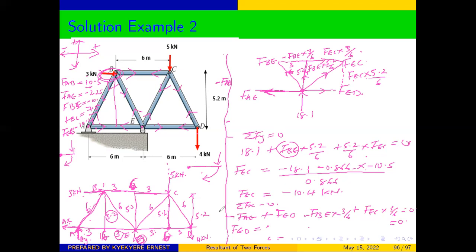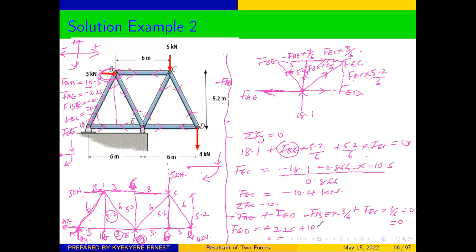FEC is already negative, and this is negative also. Therefore, we are going to get negative 2.25. And then we have calculated FBE, which is 10.5. When it crosses the equal sign, the sign will change.